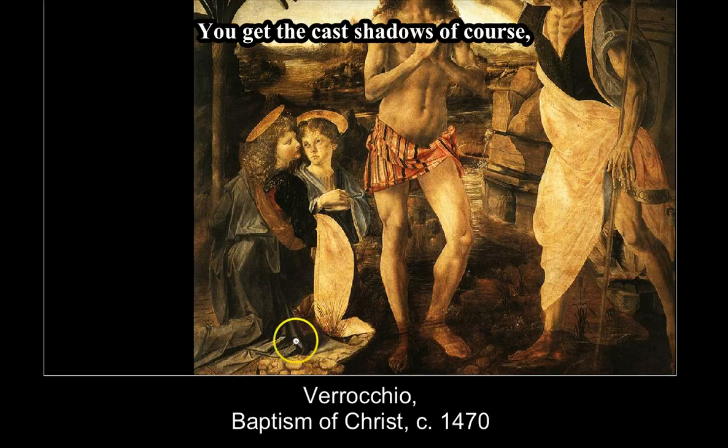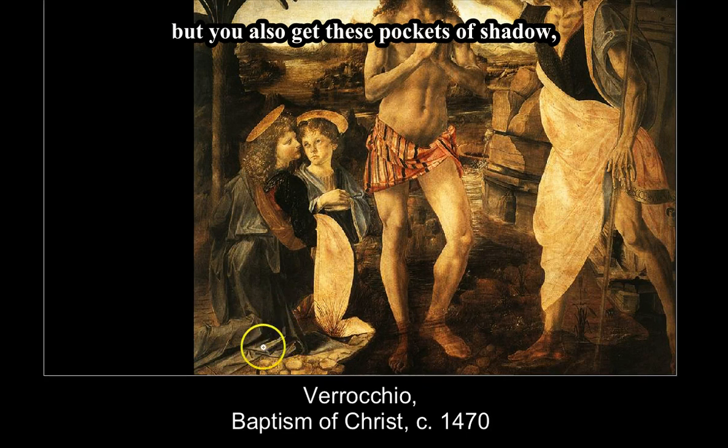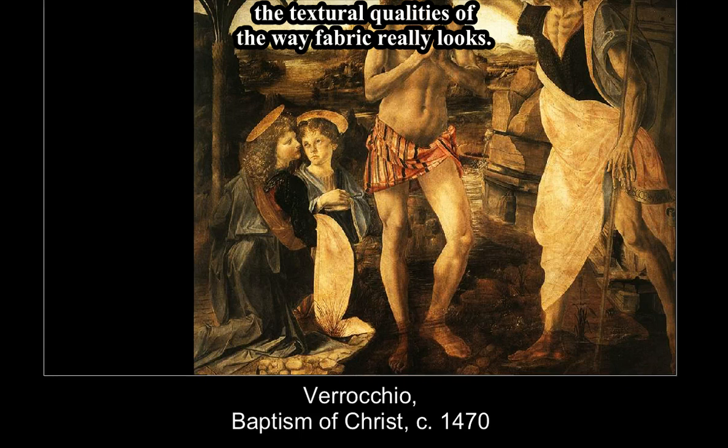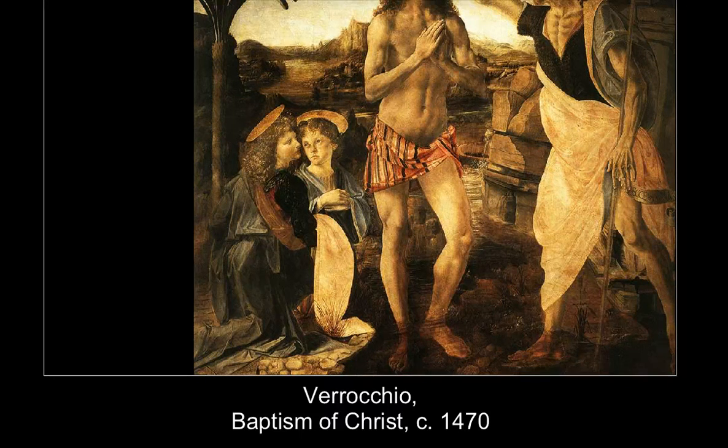You get the cast shadow, of course, but you also get these pockets of shadow, the folds in the drapery, that really give it the textural qualities of the way fabric really looks.